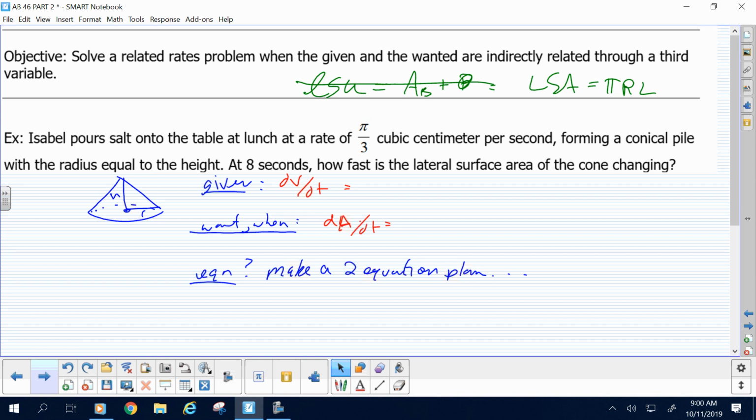Whoa, this is really hard. How did you get that? I got one.